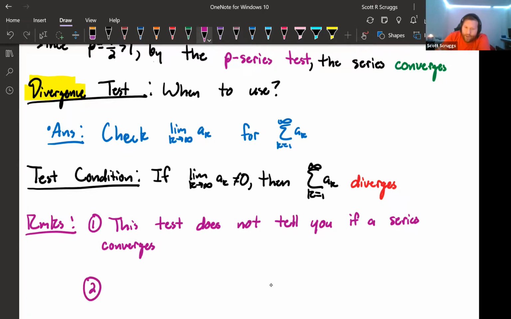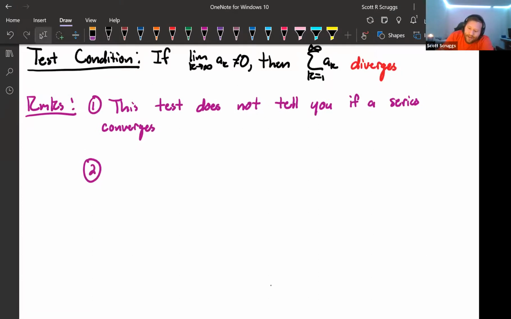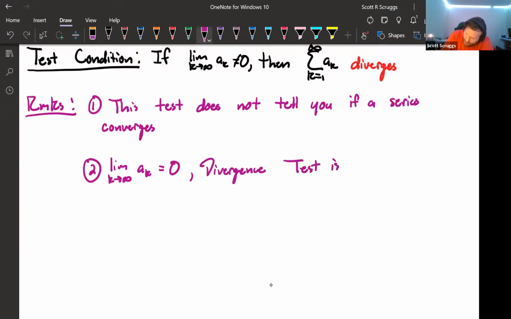And on that note, that follows up and I'll talk about the second remark I want to make. And that is, I think, the more common mistake that I see. If you get that the limit as k goes to infinity of a_k equals 0, then the divergence test is inconclusive.